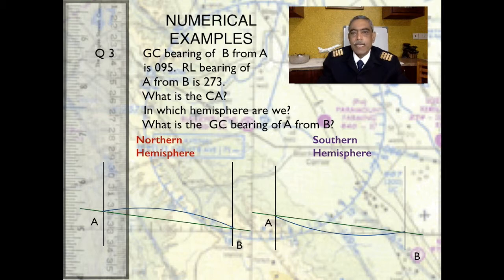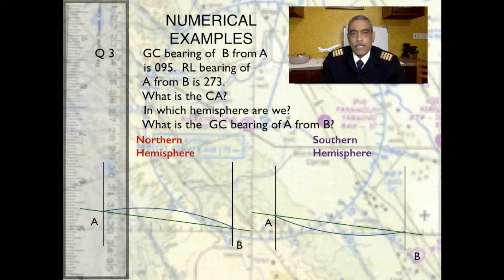Similarly, in the southern hemisphere, the straight line is the Rhumb line track between A and B, and the curved line to the south depicts the great circle track. So let us get on to the numerical further.